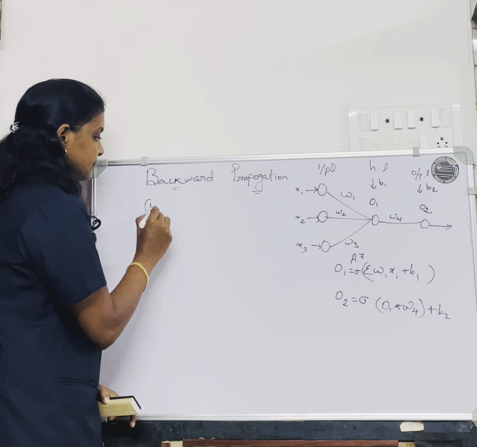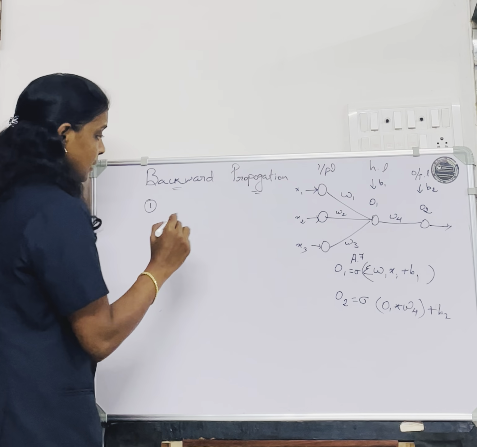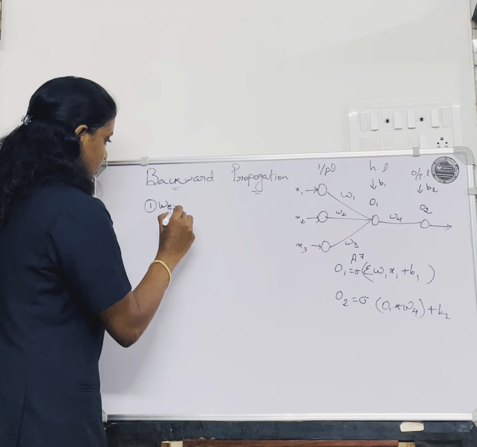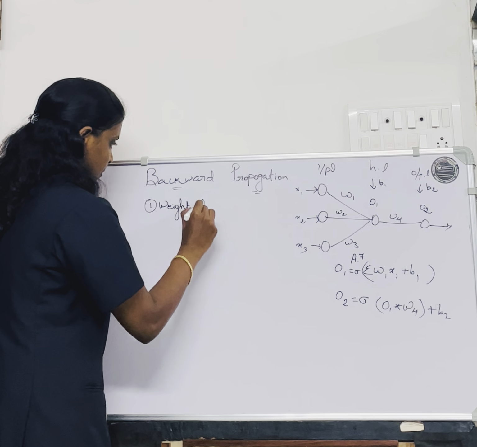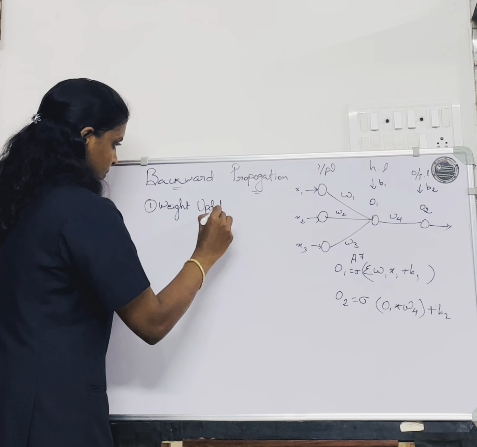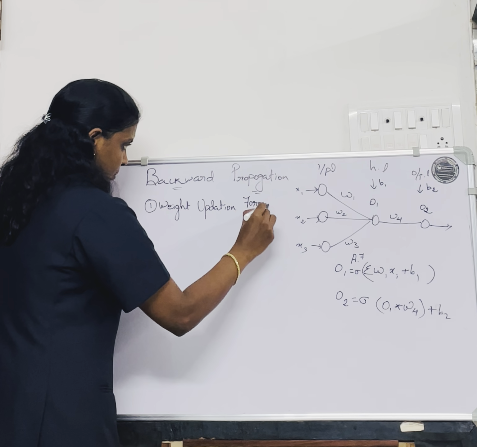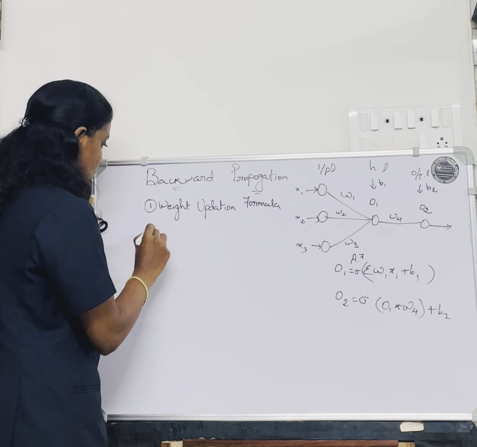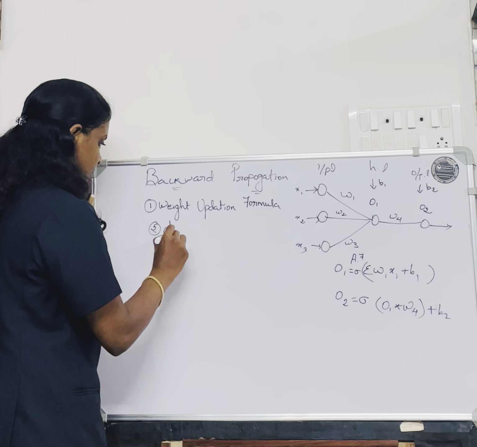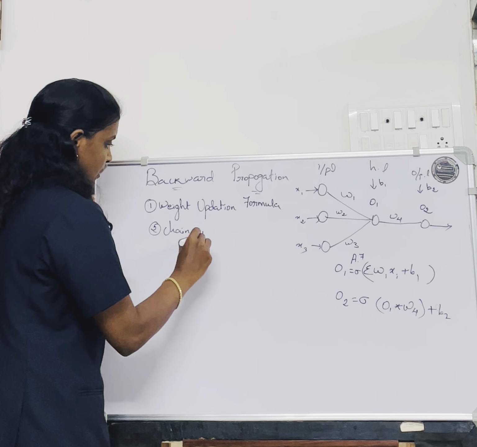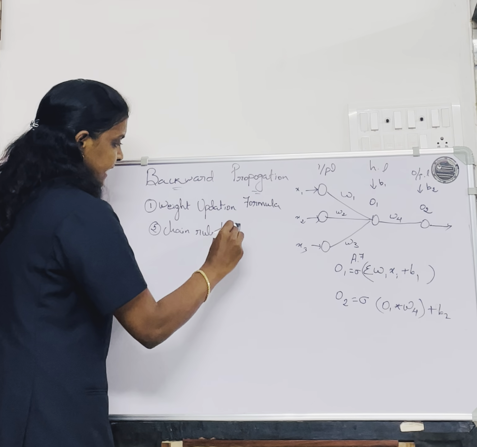First one is weight updation formula. Then second one is chain rule of differentiation.